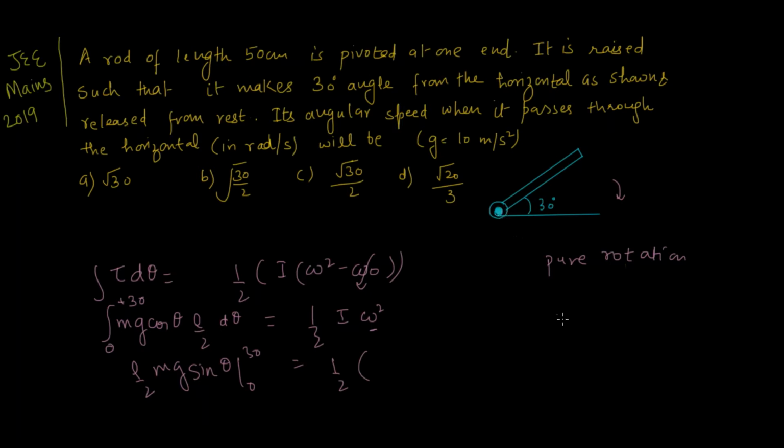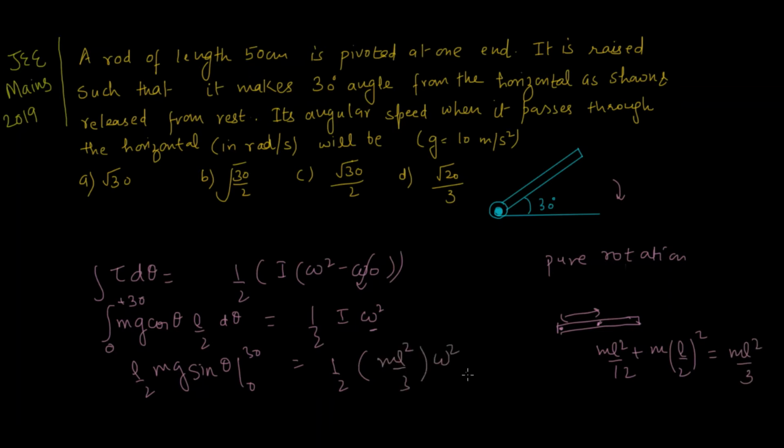If we have a rod, then the moment of inertia about its center is ml square by 12. Now, using the parallel axis theorem, we need to find the moment of inertia about this point, which adds m r square, where r is the distance between these two points, L by 2. This gives us ml square by 3.